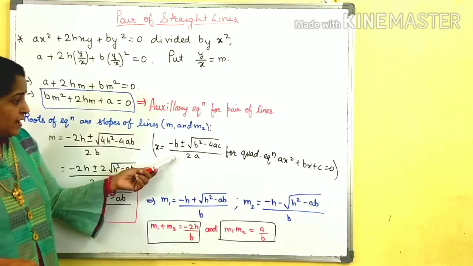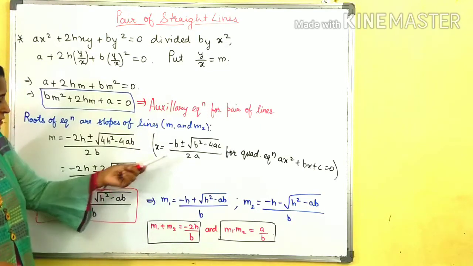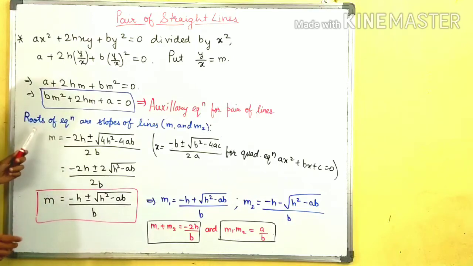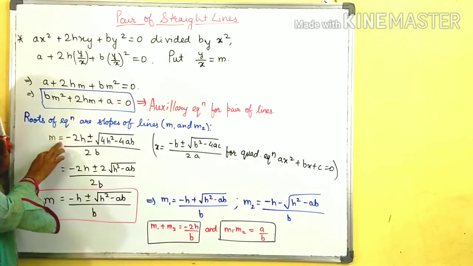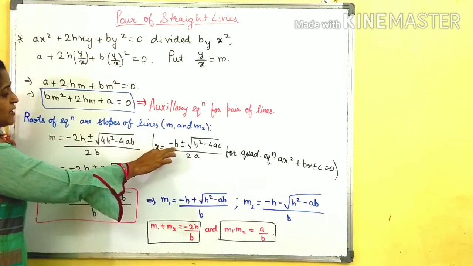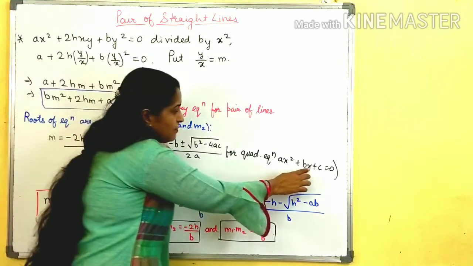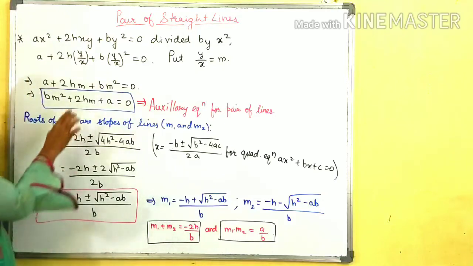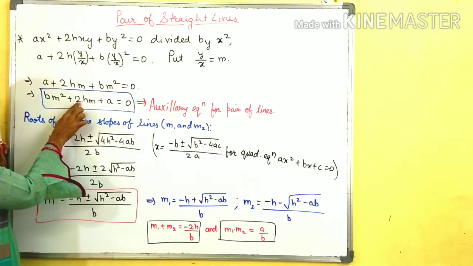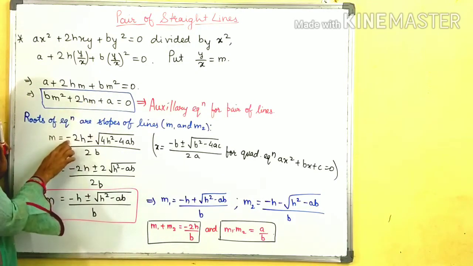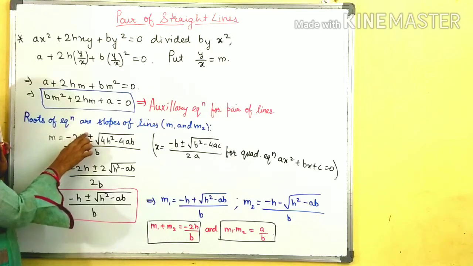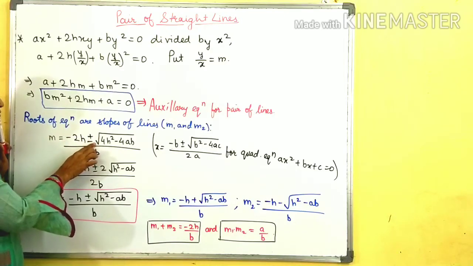From that formula, you have to find the value of m. Minus b is the coefficient of x. So here the m coefficient is 2h, so minus 2h plus minus square root.